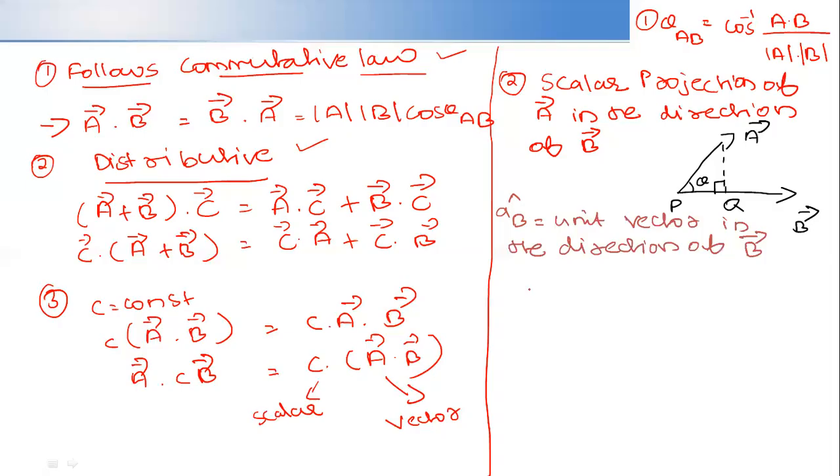Then we can write PQ. This is vector A, then PQ will be A cos theta, just like we have seen in the last slide.